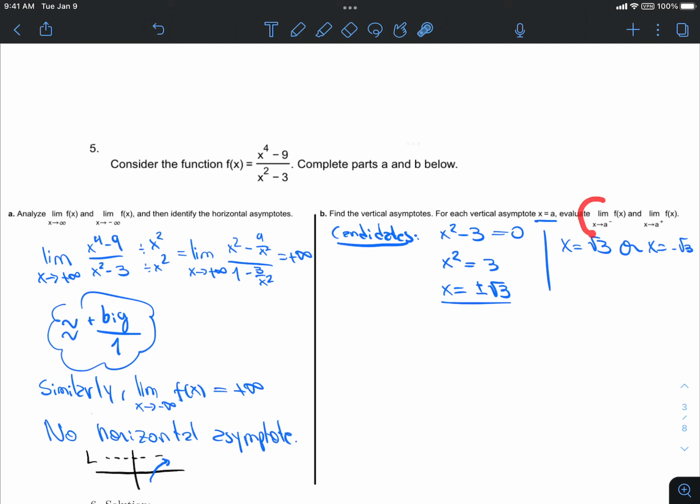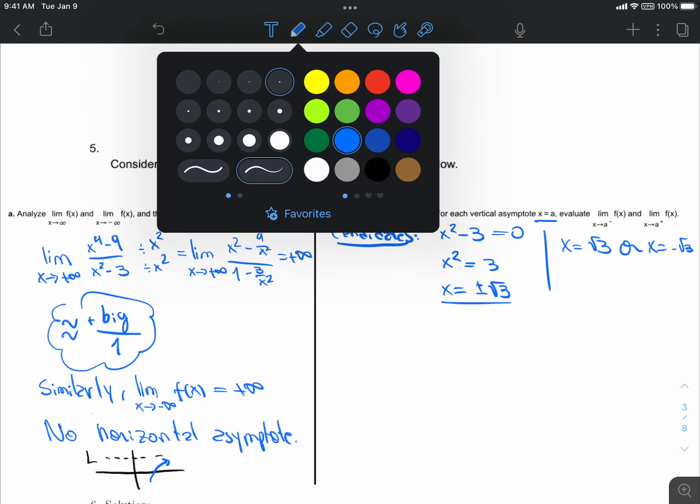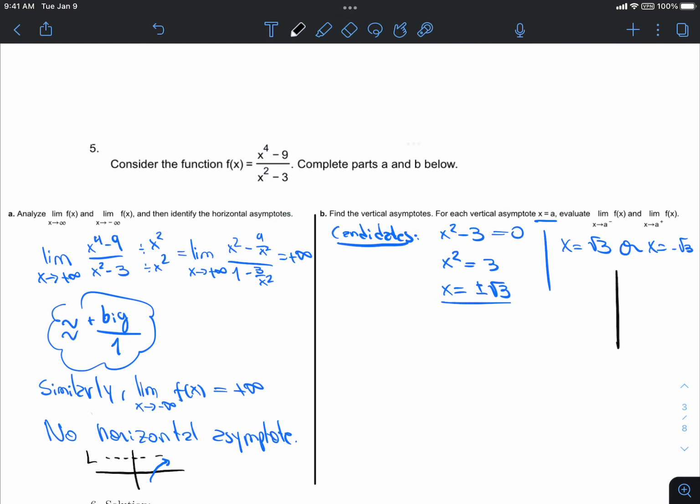However, for that possibility to become a reality, you need one of those limits to be either plus infinity or minus infinity. And that's because we're looking for a situation at minus root 3, this is an asymptote, and at positive root 3, a situation either like this, or like this, or like this, or like this.